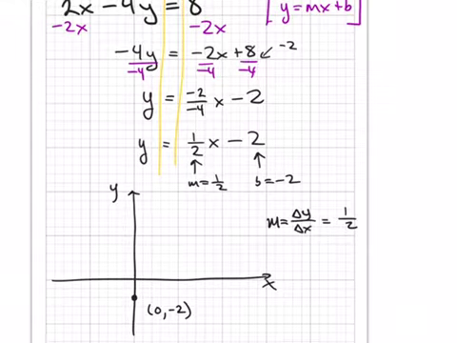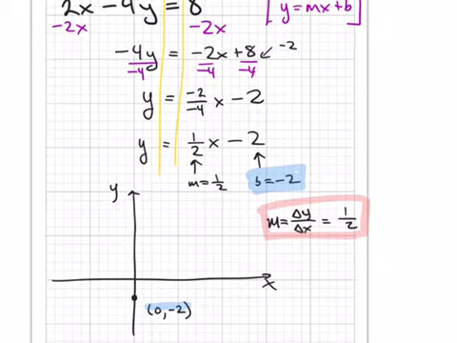So b equals -2, I'll do that in blue, and my slope I'll do in red: my y change is +1, and my x change is +2, and I'll work those out, a few of them. And I'll go backwards even a little bit. And so I can see my slope staircase, boom, boom, boom, boom.